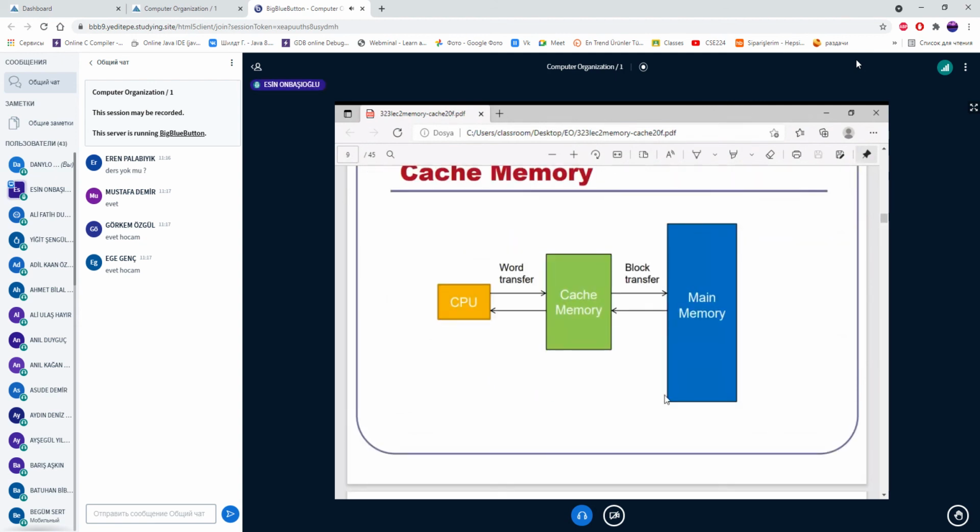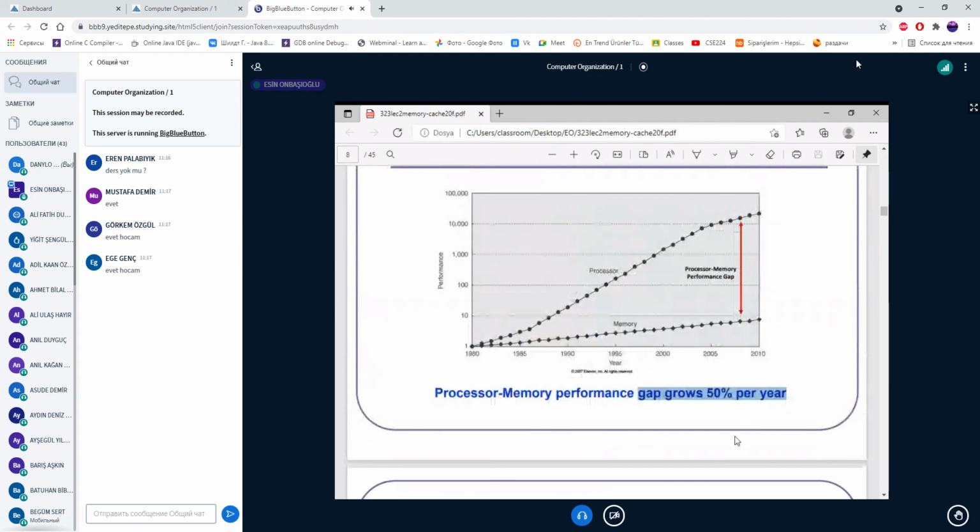The main memory is out of the chip. It's not very slow, but it is slow compared to the others. Compared to the CPU, it is very slow. So main memory is slow, CPU is very fast: CPU performance and memory performance.